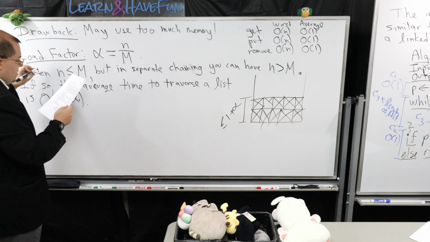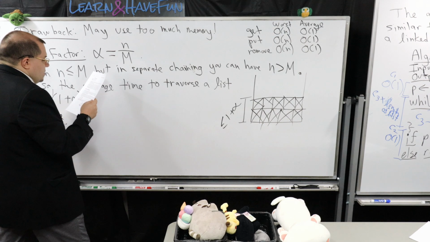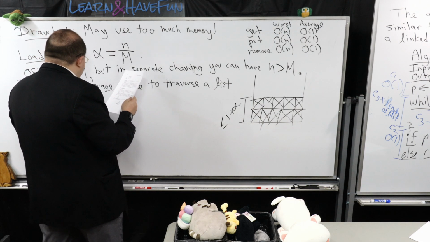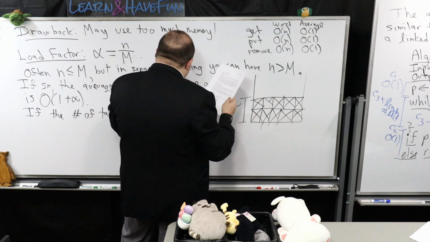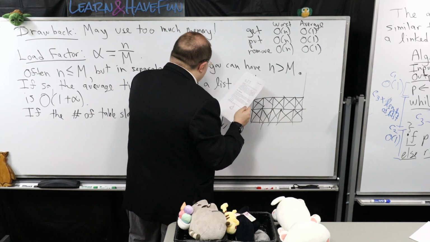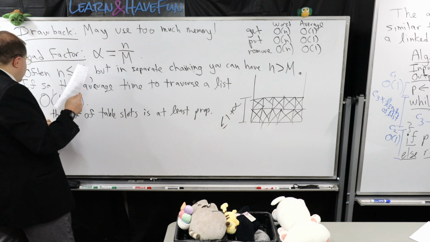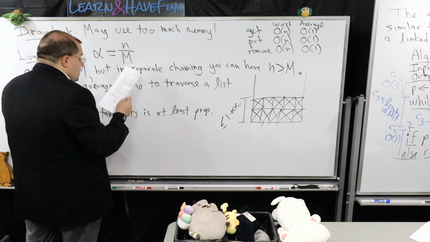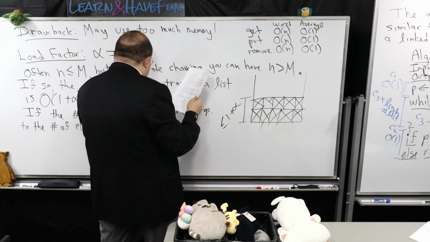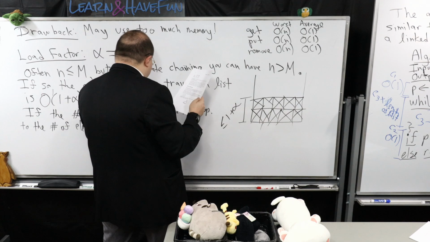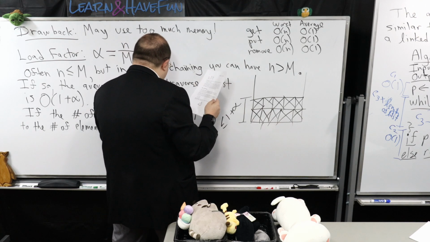So if the number of table slots is at least proportional to the number of elements by some constant, I'm sorry, I'm getting very excited about this, by some constant.